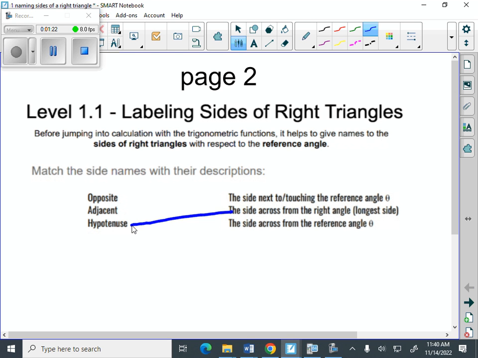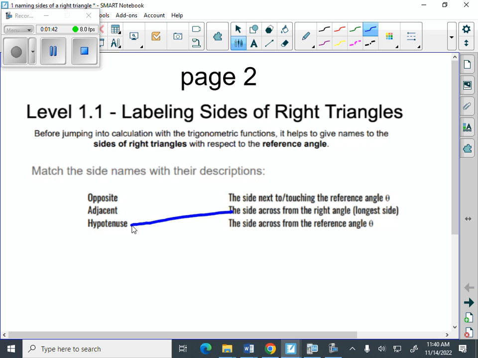It works the same way with the opposite. The opposite, we look across from the reference angle. For those of you who did level 3, with the isosceles triangle, it was really important to be able to identify the across part.